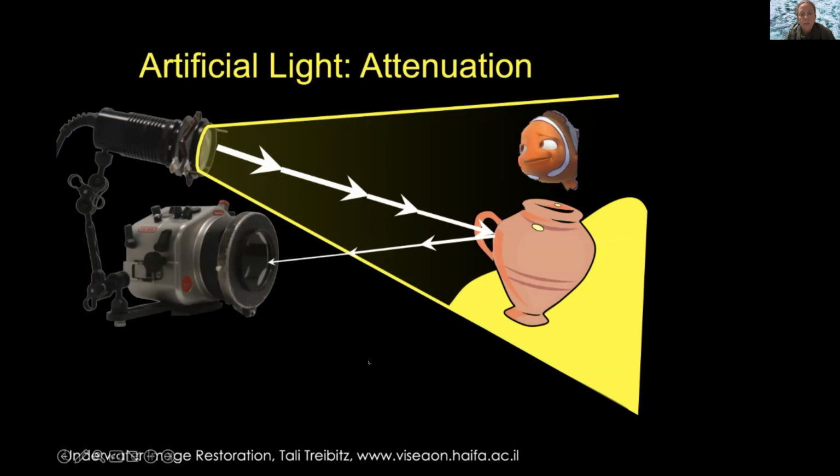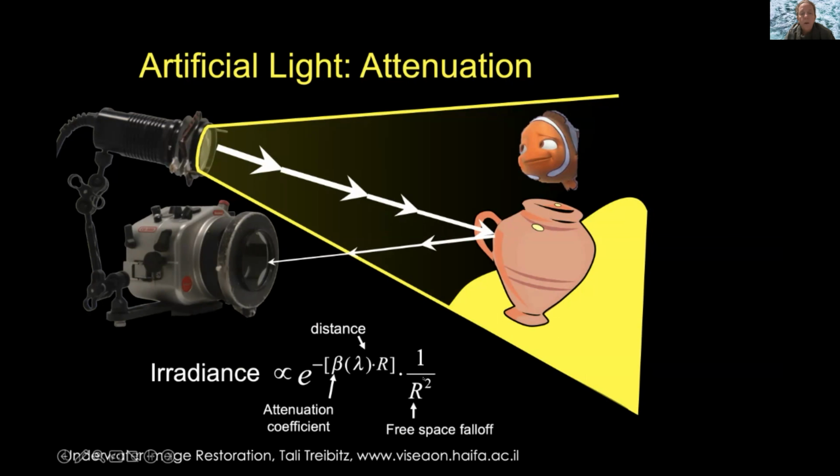The attenuation is the same exponent we saw before, but there is also what's called a free space falloff, 1 over r square, where r is the distance. This happens also above water. Every time you have a point light source, you have this falloff. But underwater, we have both that and the exponential attenuation of the water.